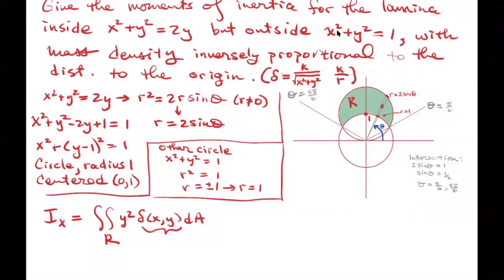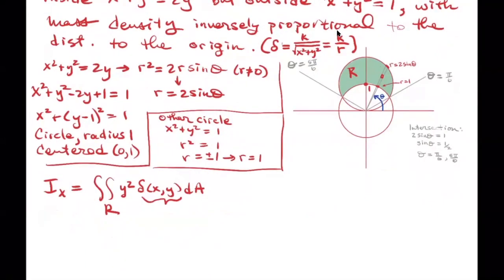For the density function, it is a function of x and y, but the first thing I'm going to do is change it to k over r. And then y, just to remind you, is r sine theta, so we'll change that.